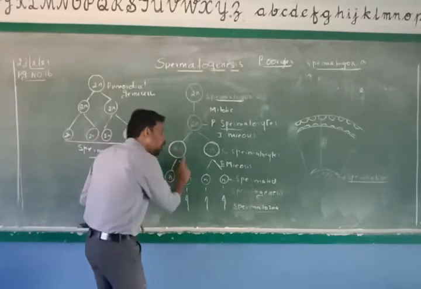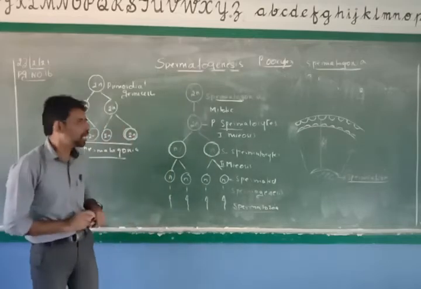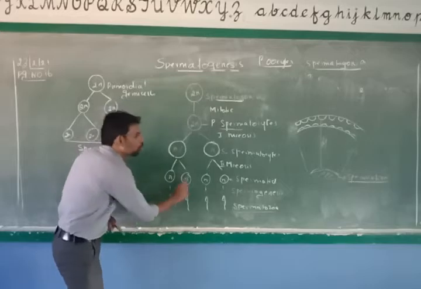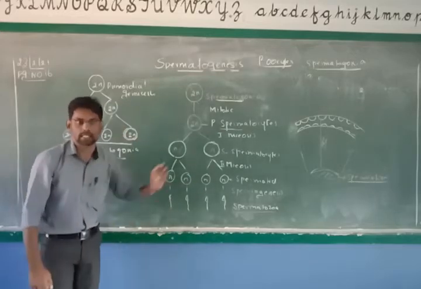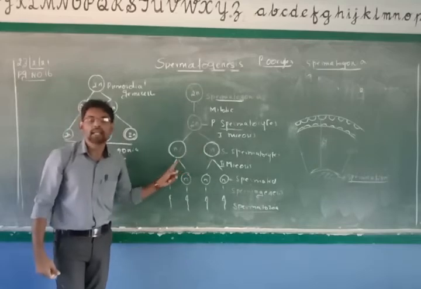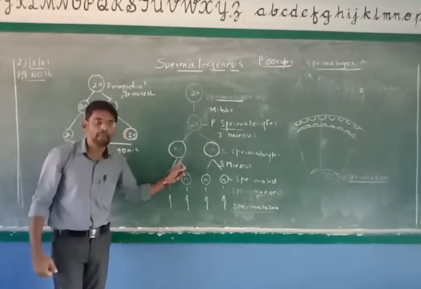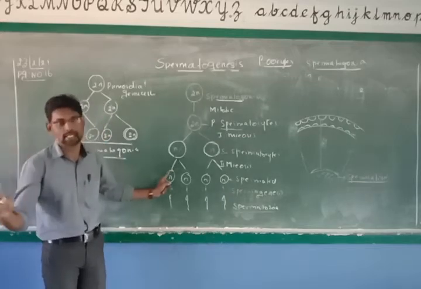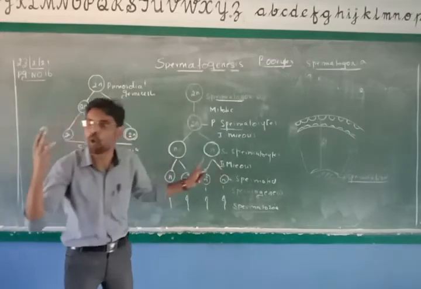But here both the secondary spermatocytes will undergo the second meiotic division, and each one will give 2 haploid spermatids. So every secondary spermatocyte has the capacity of giving 2 haploid spermatids. So if it is 2, it gives 4 haploid spermatids.